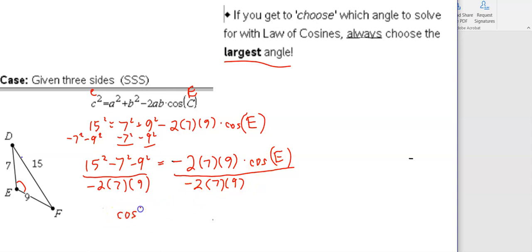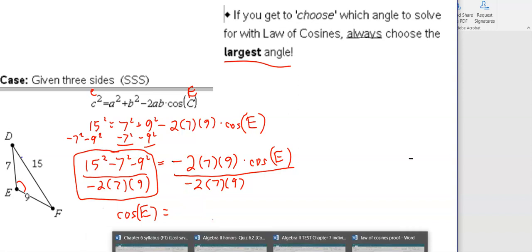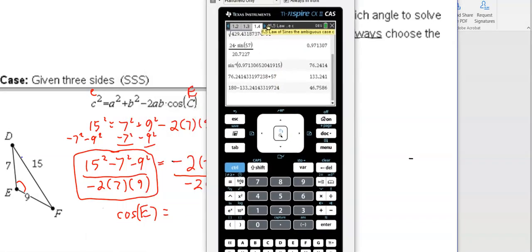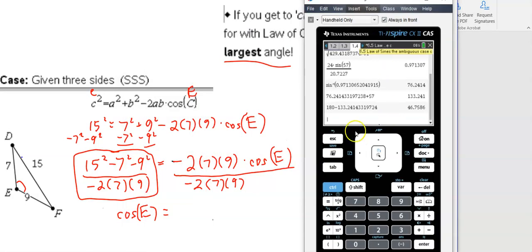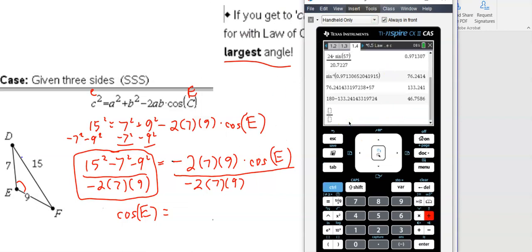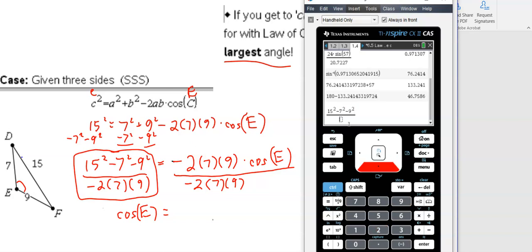So cosine of E equals, and I'm going to type this into my calculator. So I'm just going to get the decimal there. So let's try that. 15 squared minus 7 squared minus 9 squared all over negative 2 times 7 times 9.